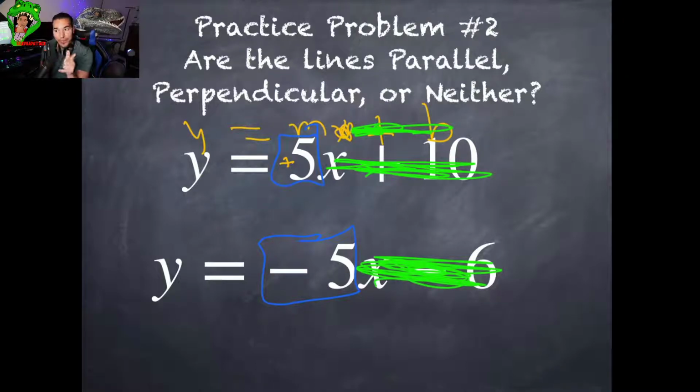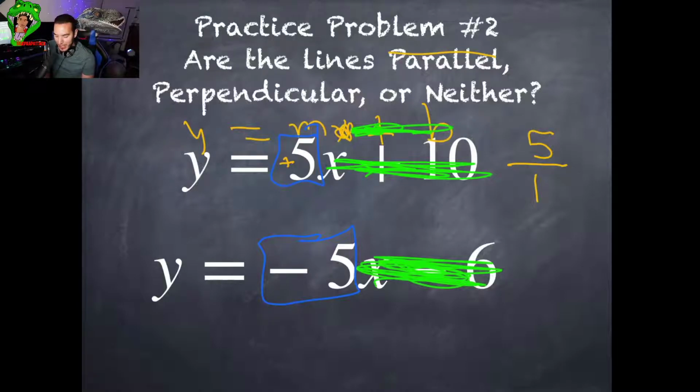They're close. They are both 5s. Some of you might be like, hey, but they're 5s. Yeah, not the exact same. They're a little different. Okay, so they're not parallel. Perpendicular. Well, I'm going to take that 5 and put it over 1. Remember, I went over that, that any whole number is technically over 1.